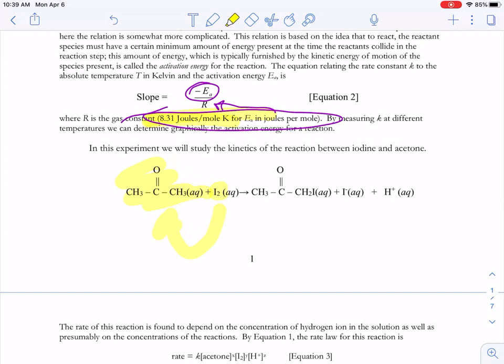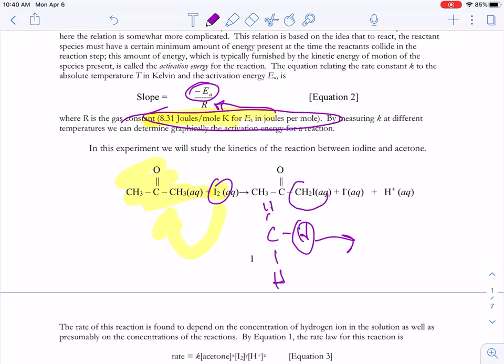And basically what's going to happen is this. At the end of this CH3, you're going to kick out a hydrogen, and one of the iodines is going to take its place.